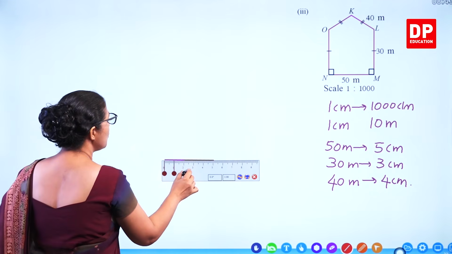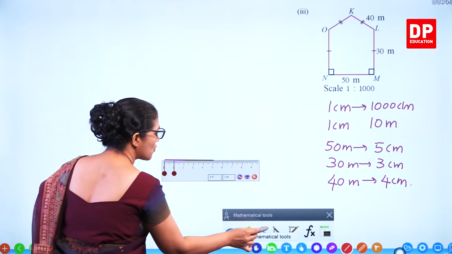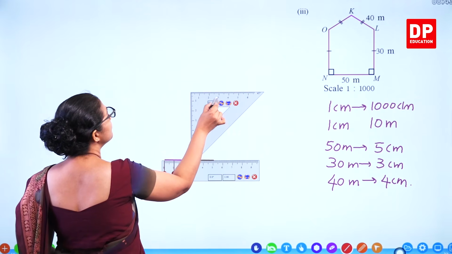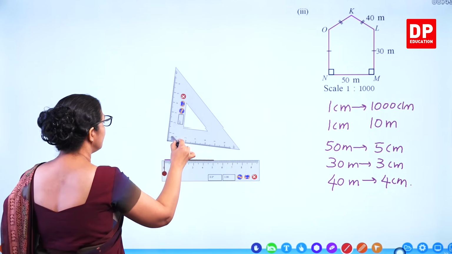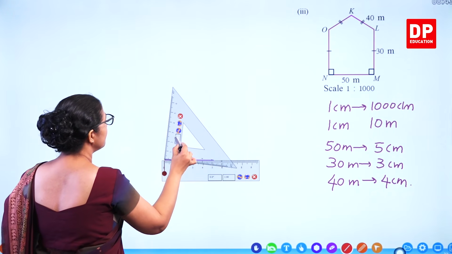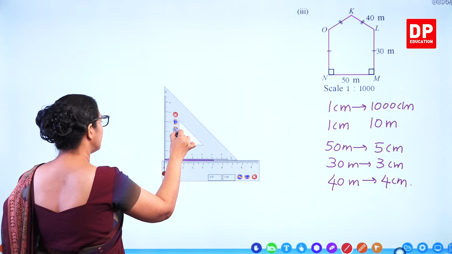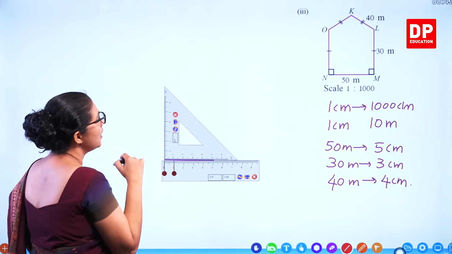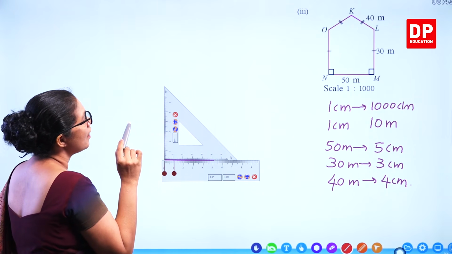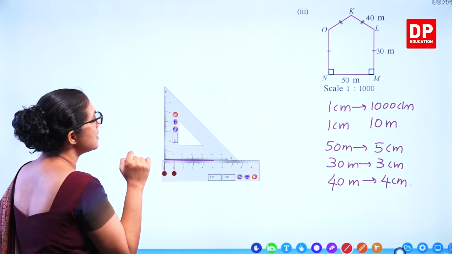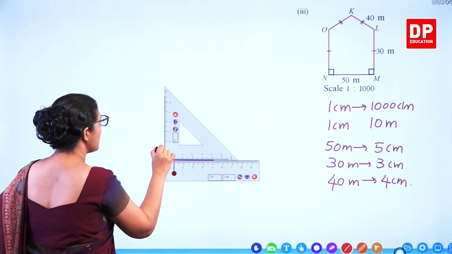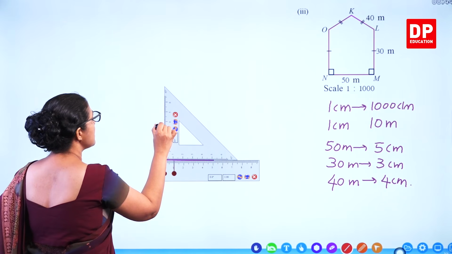And then we have to take the set square and draw ON. ON means what's the length? 30. 30 means 3 centimeters. So here to here 3 centimeter length.